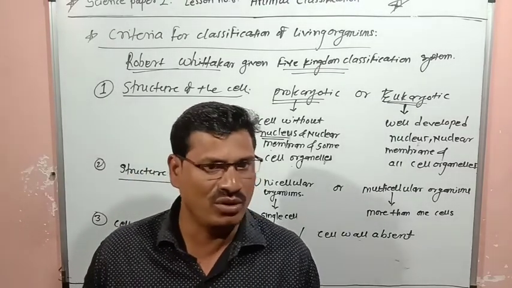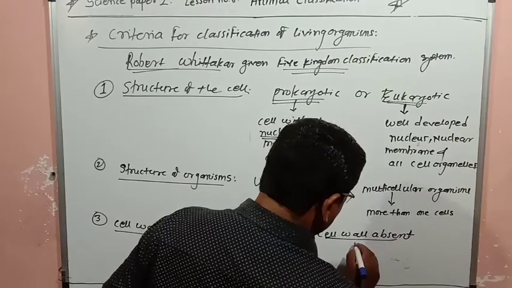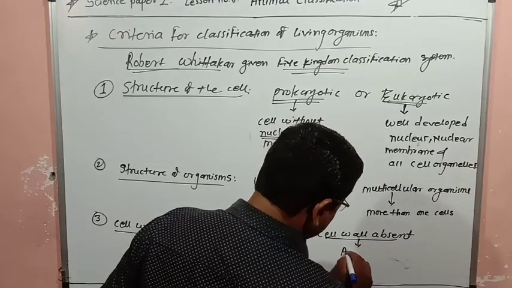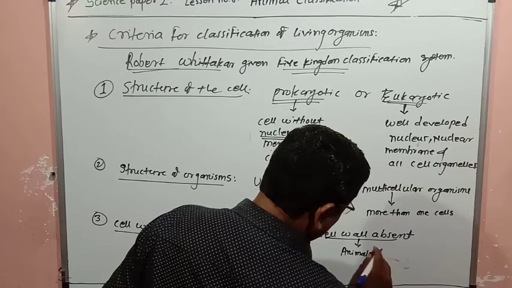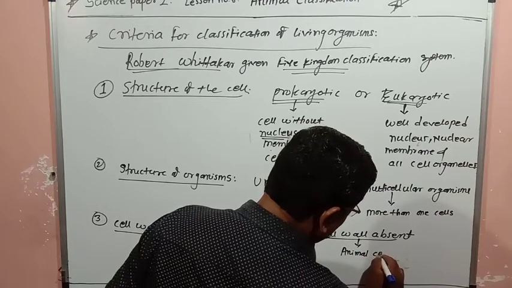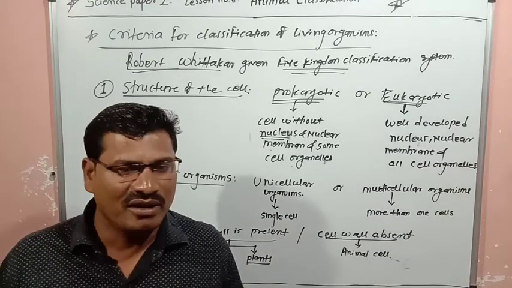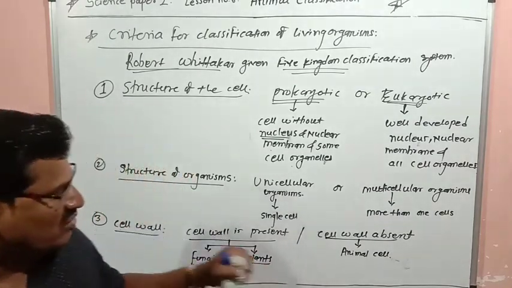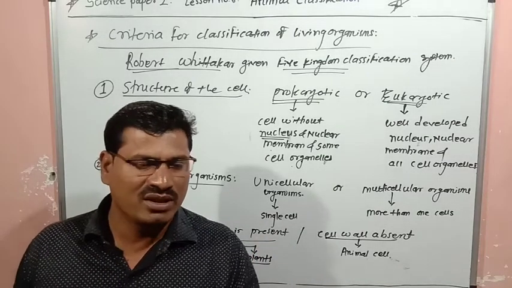And where the cell wall is absent, you can give animals, or animal cell. In that, the cell wall is absent. So this is the criteria for the classification, and again one more criteria is there.